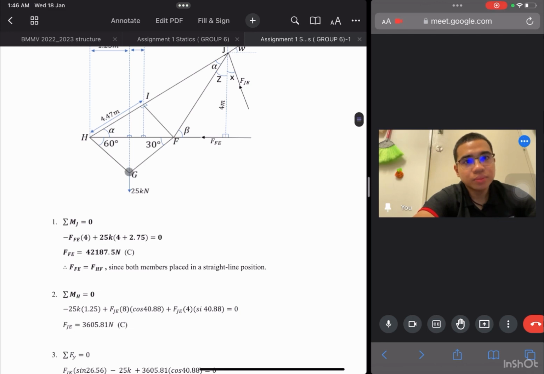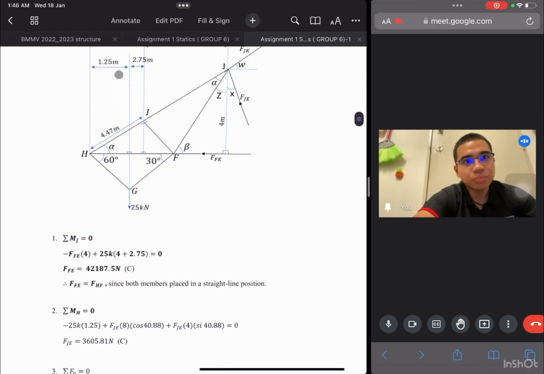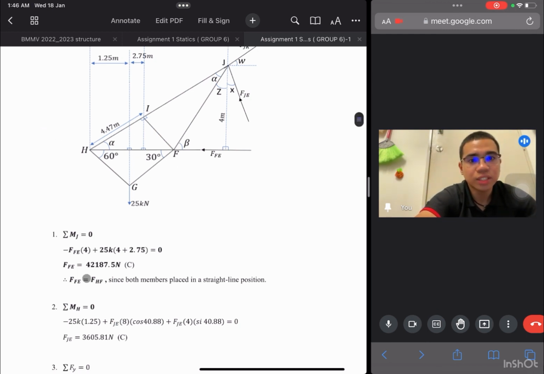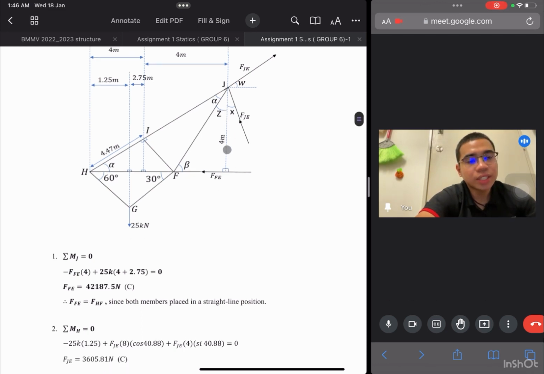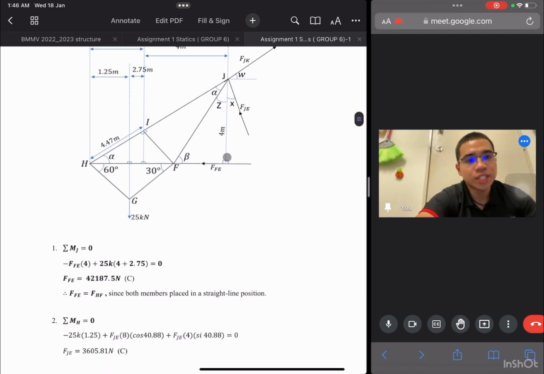Another step, second step, by taking moment at point H. Then by solving this, 25 kilonewton multiplied by its perpendicular distance 1.25, you make a clockwise direction. So this is negative, plus JE for cos. This JE will make anti-clockwise, so it's positive, and the perpendicular distance is 8.4 plus 4 will make the vertical force for JE.